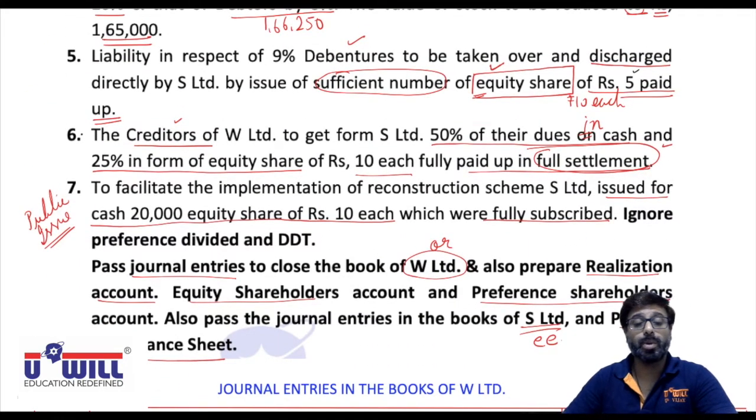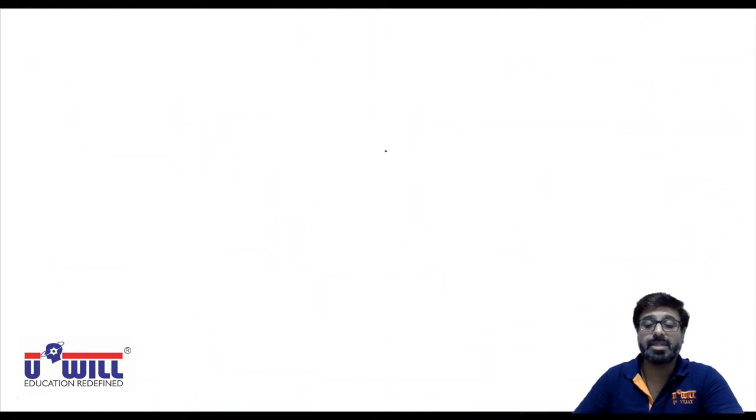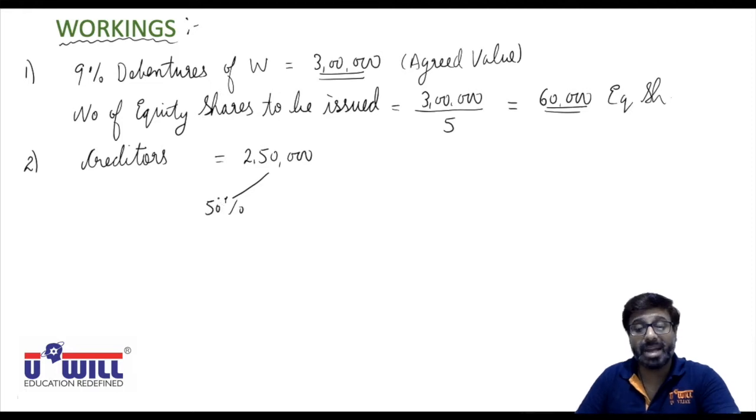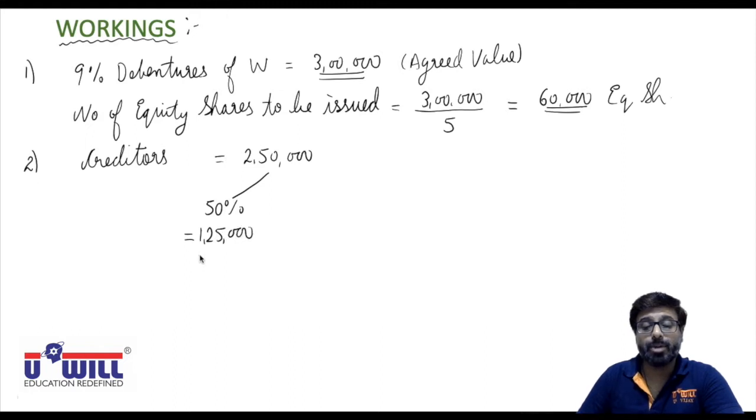Sixth adjustment. The creditors of W Limited are to get from S Limited 50% of their dues in cash. Let's do this first. What is 50% of 2,50,000? 1,25,000 that they are going to get in cash.